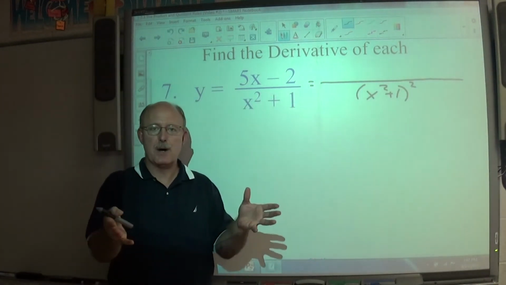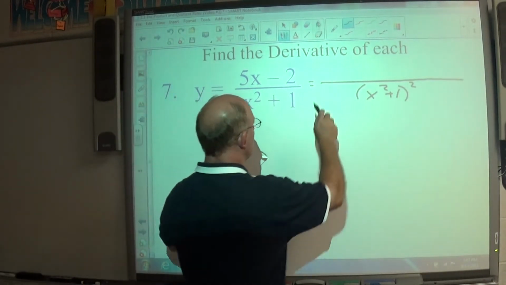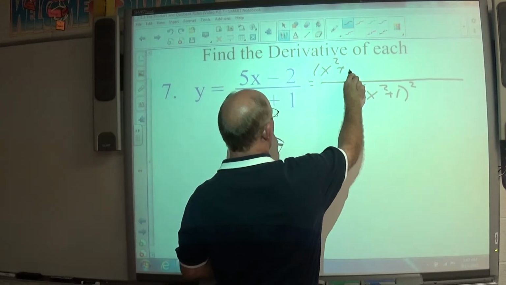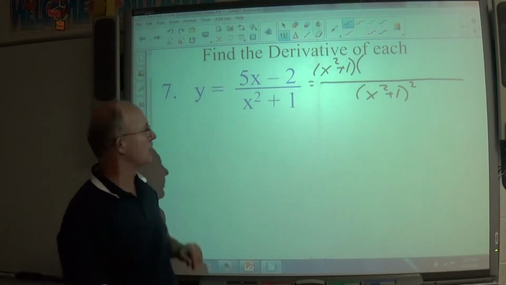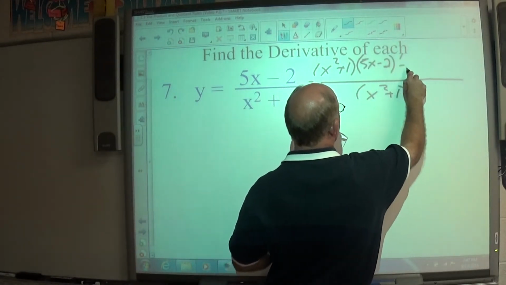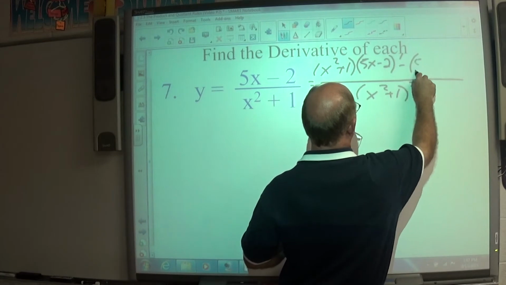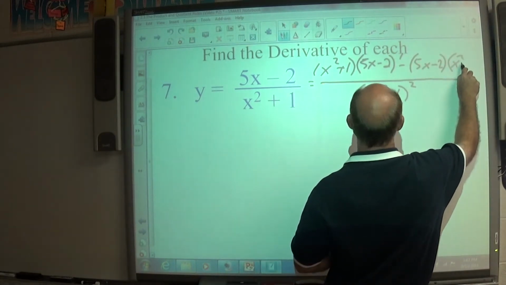So take the bottom of your function squared. Now in the numerator we'll take the bottom times the derivative of the top. So it has to start off with x squared plus 1. So the bottom times the derivative of the top, 5x minus 2, minus the top, which is 5x minus 2, times the derivative of the bottom, which is x squared plus 1.